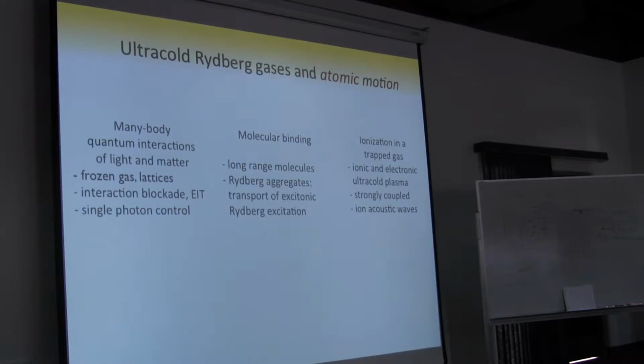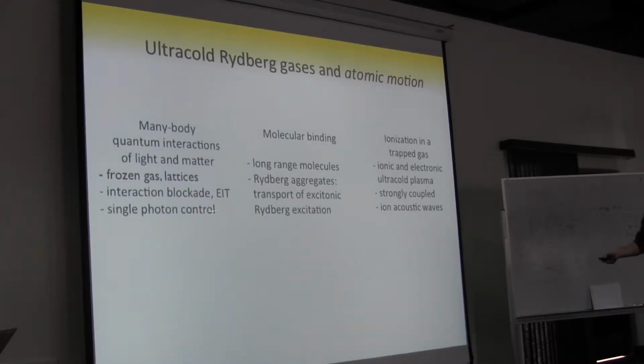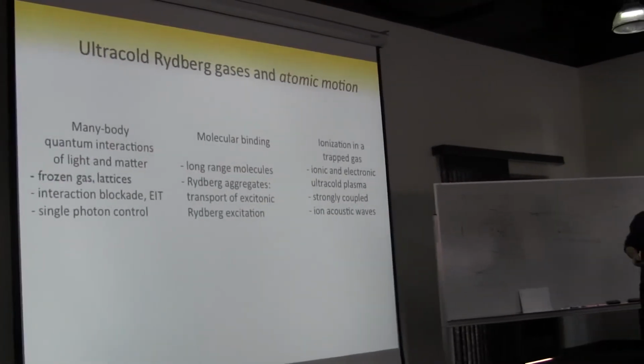And this is my personal perspective on that: basically, the relation between ultra-cold Rydberg dynamics and atomic motion. We can look at many-body quantum interactions of light and matter. And you know, this is mainly a frozen gas. You can look at lattices of Rydberg atoms. You get phenomena like the interaction blockade, which has been instrumental to obtain very interesting results.